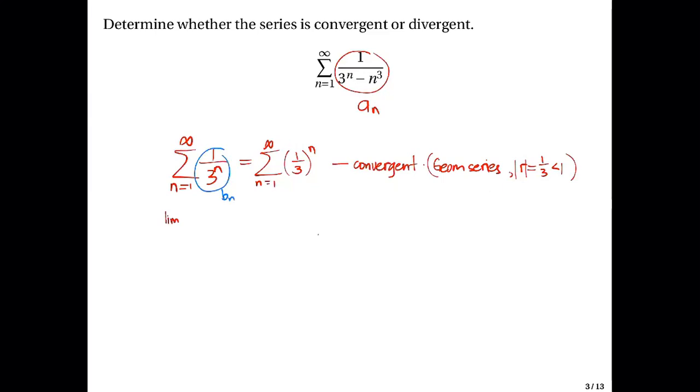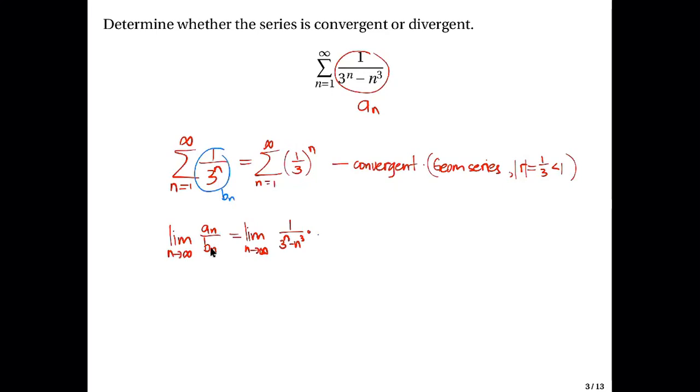So we want to compute now the limit of an over bn, okay? As n approaches infinity. But this one is what? Limit of, as n approaches infinity, yung an natin, that's 1 over 3 to the n minus n cube. Yung bn natin, that's 1 over 3 to the n.